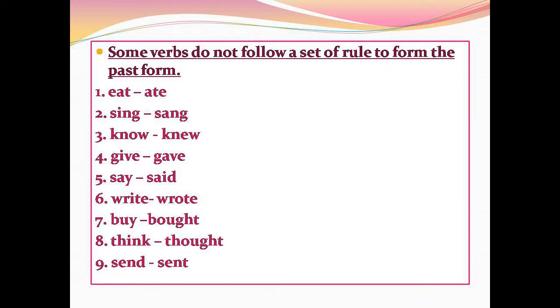So these are called irregular verbs. So point number 5 is some verbs do not follow a set of rule to form the past form. When we change them from the present form to the past form, they completely change. There is no set pattern.